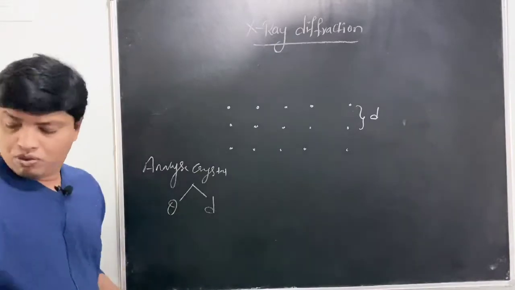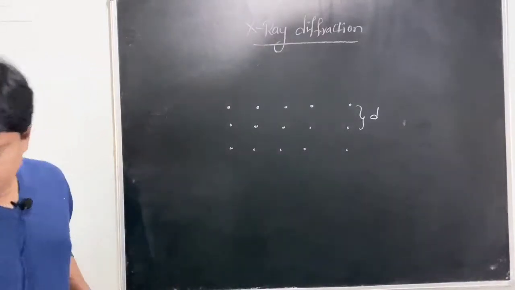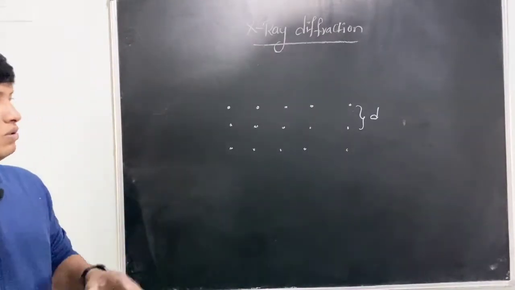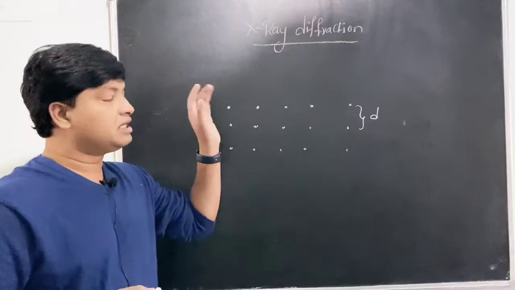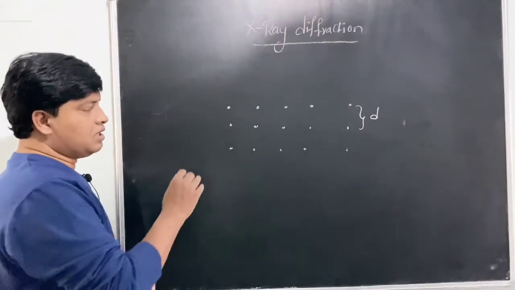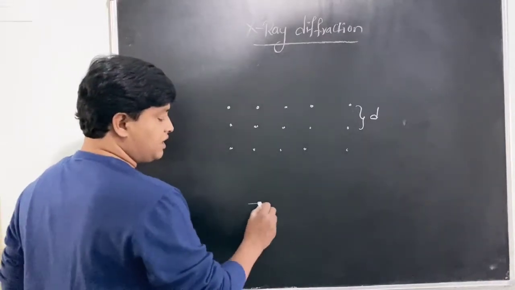So to move on, we need theta and interplanar distance to characterize the crystal. So our aim is to analyze the theta value and interplanar distance value. Before going to this analysis, you need to know the instrumentation of X-ray.